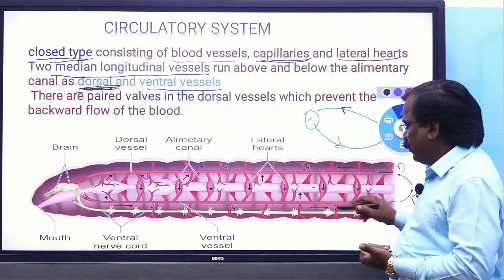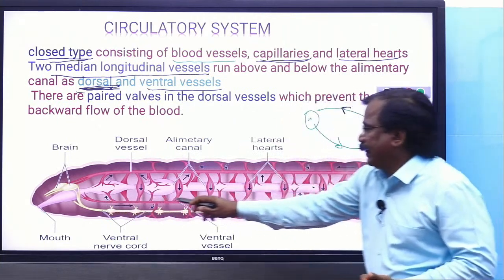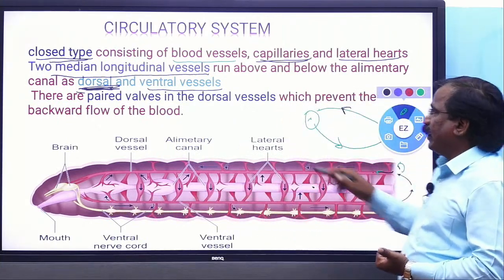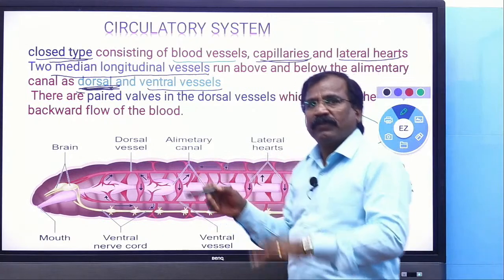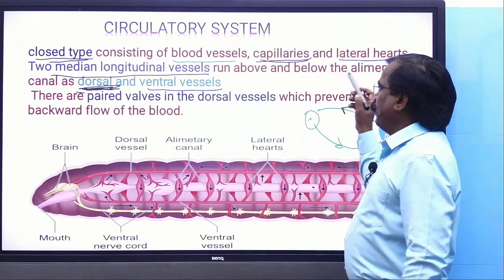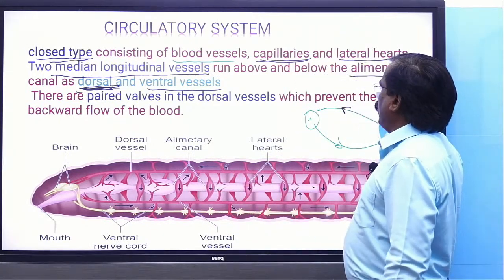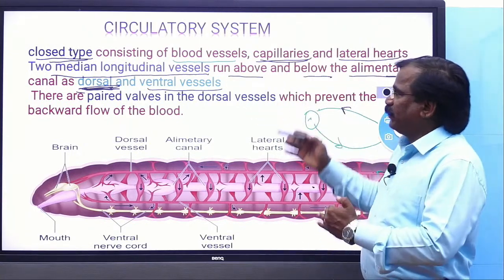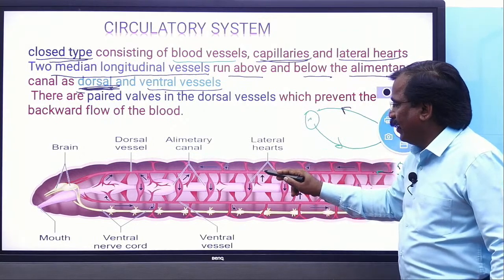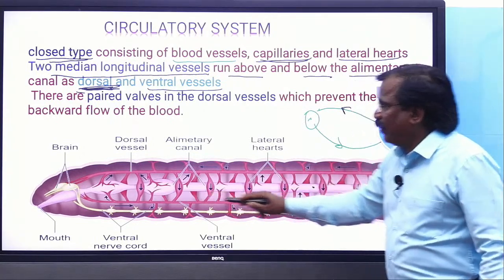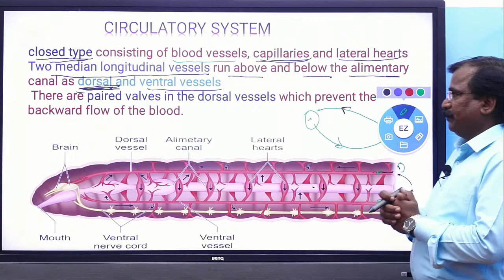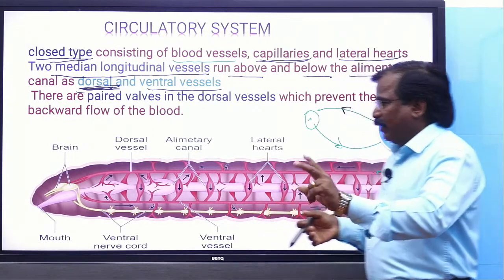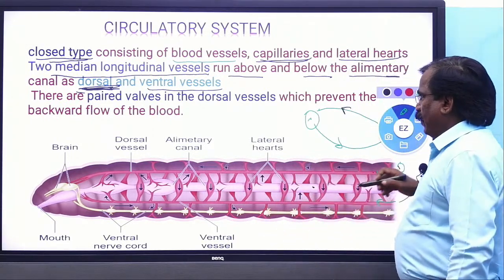Then another blood vessel, the red one, runs below, ventral to the alimentary canal. One is above and another is below. The one above is called the dorsal vessel and the one running below is called the ventral vessel. That's all. And listen, what is the function?